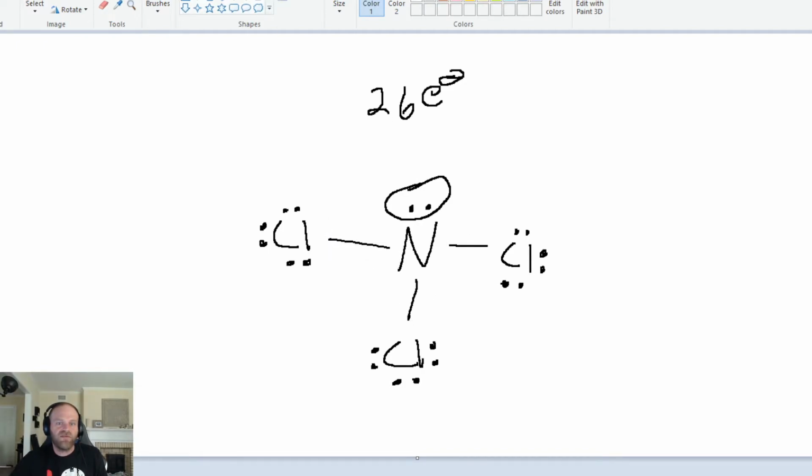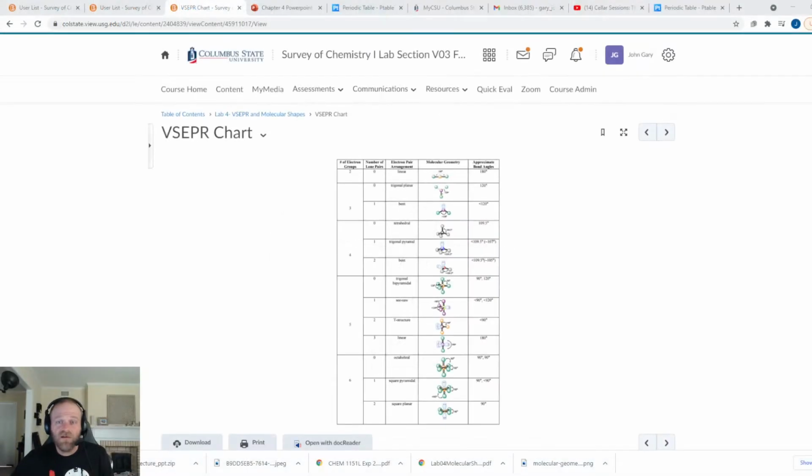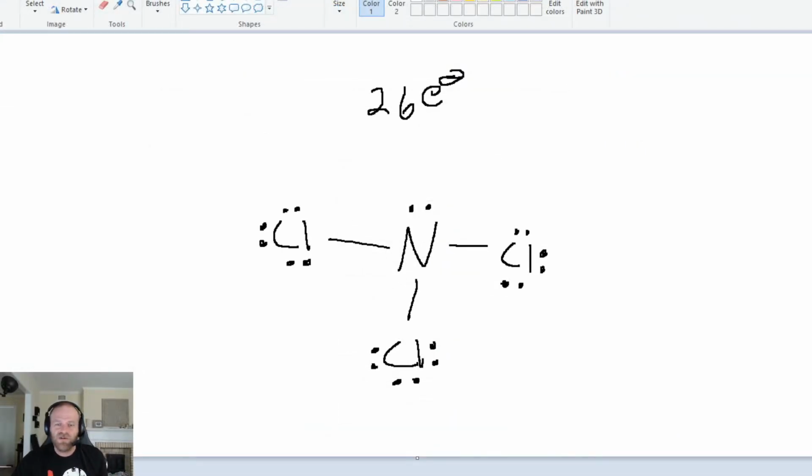4 electron groups around the central atom. So I'll start there, and I'll go down on my chart to number 4 right here. Now I want to identify the number of lone pairs in the molecule. Lone pairs are these pairs of dots of electrons around the central atom.